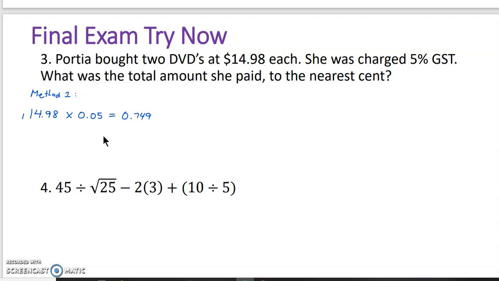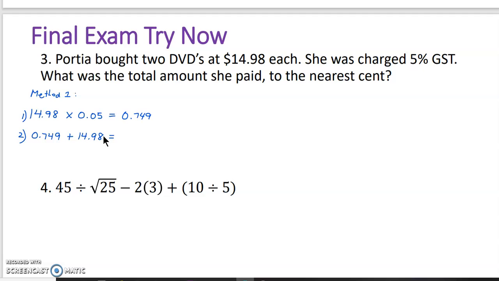And so that would be our first step. And then our second step would be to add that. So add your GST, hold that on your calculator, and add it to the cost. And that will give you the total price. So I'm going to add the 14.98. I'd like you to notice that I don't round until the end.